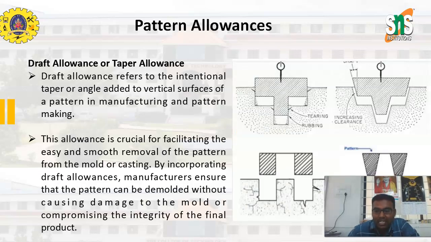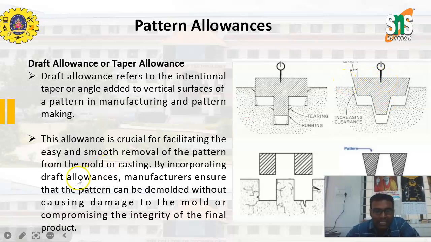Next one is the draft allowance. Draft allowance refers to the intentional taper or angle added to vertical surfaces of the pattern in manufacturing and pattern making. This allowance is crucial for facilitating the easy and smooth removal of the pattern, as it is shown in this image, after the molding or casting process.